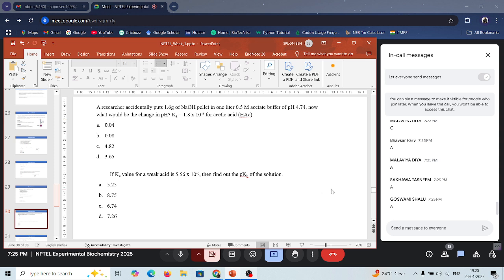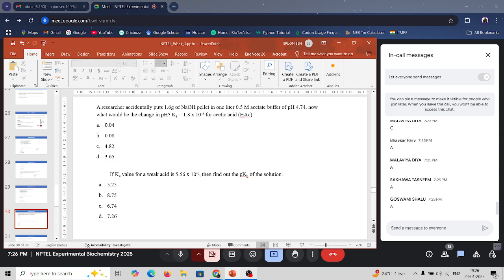Now a few numericals again. Grab a calculator if you have one near you. A researcher accidentally puts 1.6 gram of NaOH in 1 liter of 0.5 molar acetate buffer of pH 7.47. Now, what should be the change in pH considering the pKa is 1.8 into 10 to the power minus 5 for acetic acid?